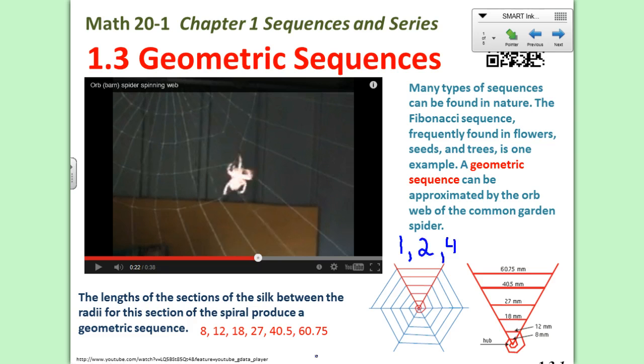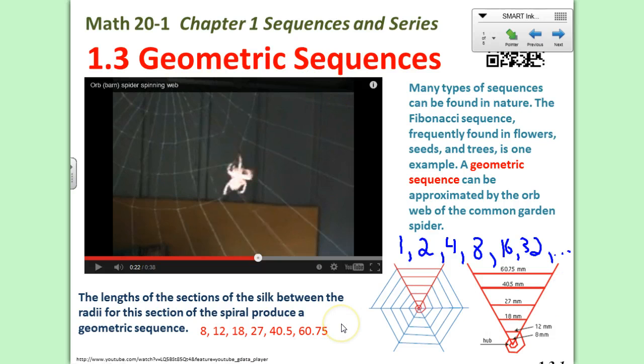And those two cells became four, and those four cells became eight as a result of cell division. And along came you, and this is an example of exponential growth of cell division. And it obviously is quite a miracle when it all comes together to create a human being, right? But that's an example of exponential growth, which is a geometric sequence.